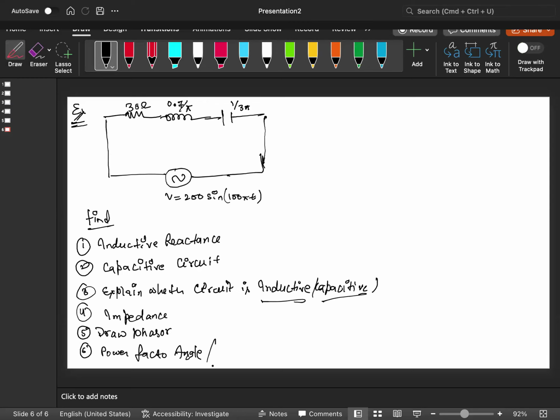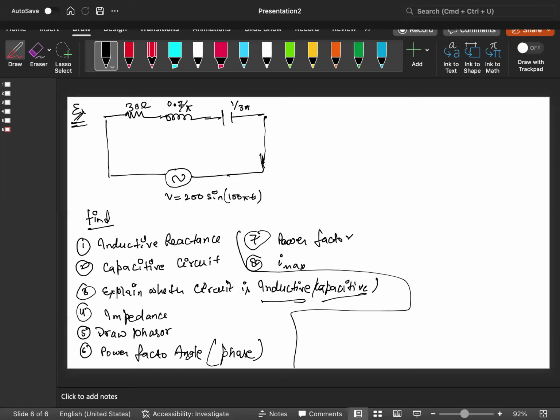Angle is basically phase. I'm talking about phase. Seventh, calculate power factor. Eighth, you can calculate maximum current. Ninth, you can calculate RMS value. Tenth, you can calculate voltage across resistance. The maximum I'm talking about, not just the minimum or something.